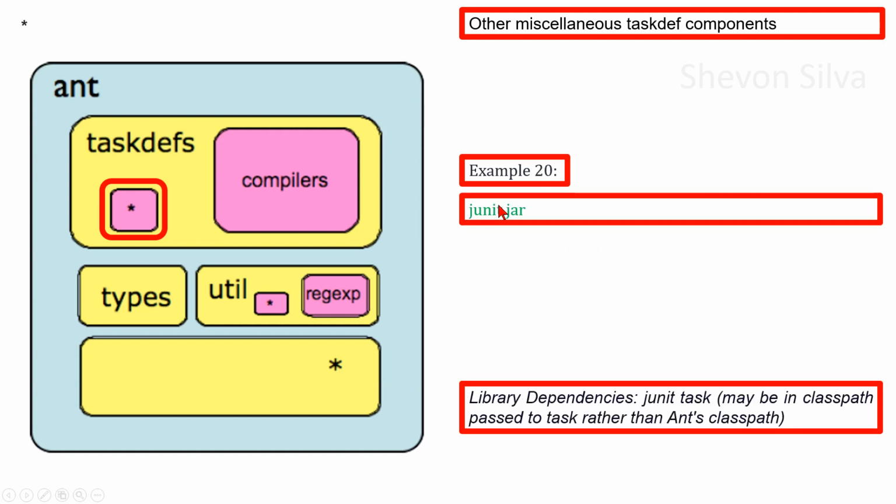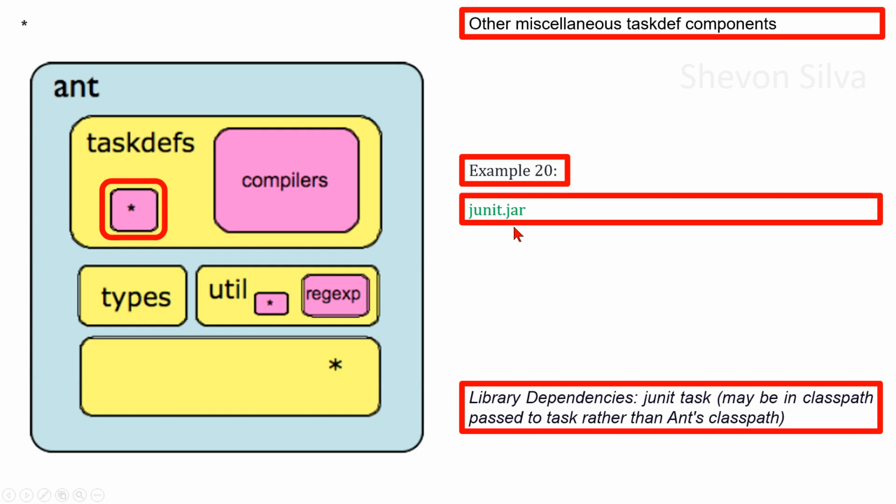Now we are considering junit.jar in library dependencies. This is needed for the JUnit task, maybe on the class path passed to the task rather than Ant's class path, and this is available at https://junit.org/.